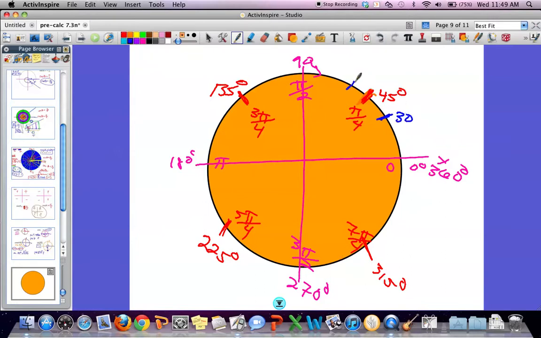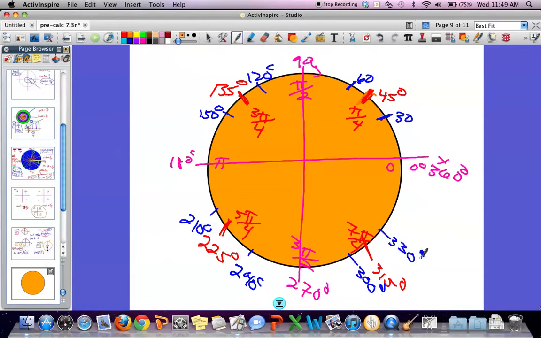So this is 30, 60, 90, 120, 150, 210, 240, 270, 300, and 330.